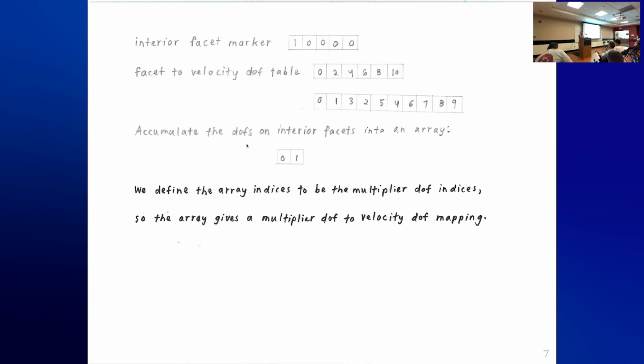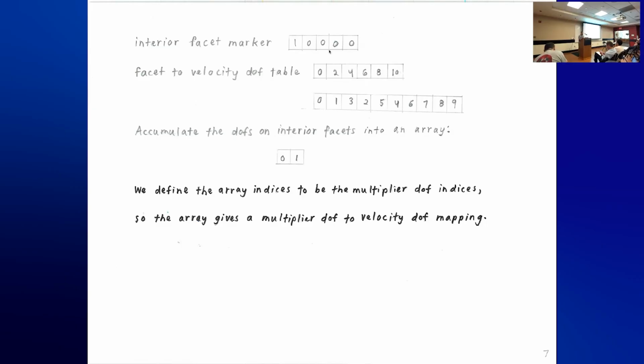So what we need is to define the multiplier DOFs. I have this facet marker, and I have my table. So I just go through each facet, and I check, is it interior or not? If we look at the first facet, index 0, yes, it is. So I take the 2 DOFs that lie on that facet, and I put them in an array. I accumulate them, and I just keep going down like that.